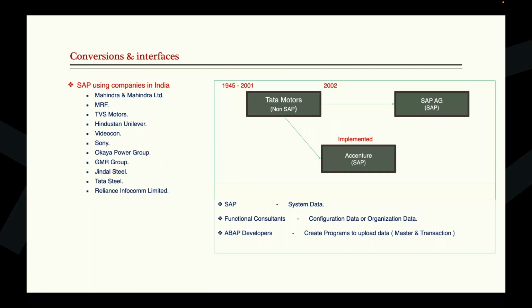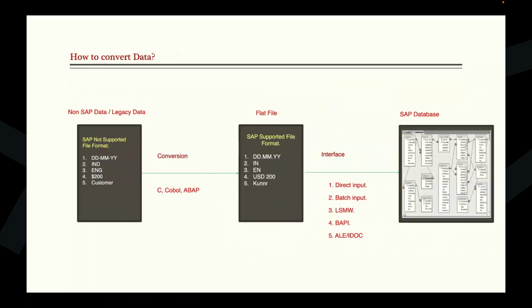Then the middleware team creates mappings and converts non-SAP format data into SAP format. So how will they convert non-SAP to SAP format?